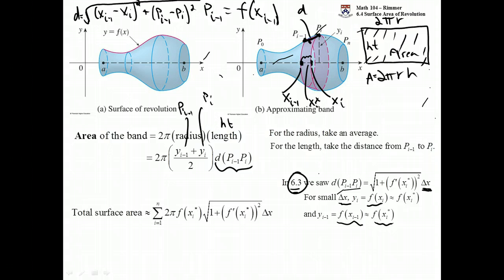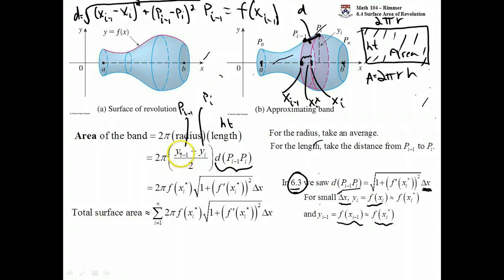Okay, so we have a bunch of these that we like to add up, starting from a all the way ending at b. And so we're going to chop this interval from a to b into n subintervals and take the radius to be, so we have f of xi star twice here.